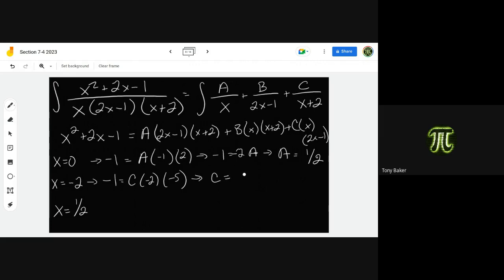So C equals negative 1/10. Yes. I picked ones that are going to make zeros. So if we look at these, in essence, these are the things that I have on the bottom, those are the things I'm multiplying by.